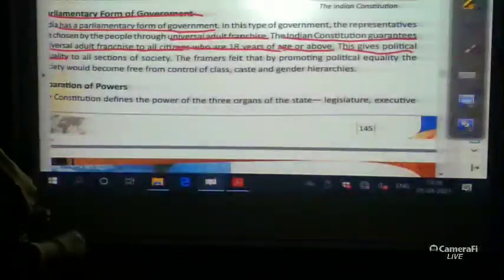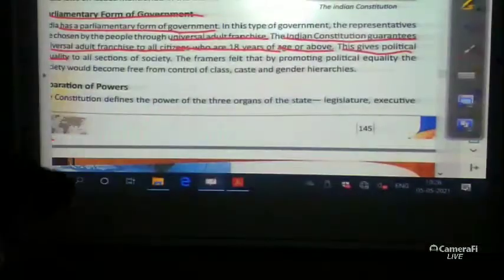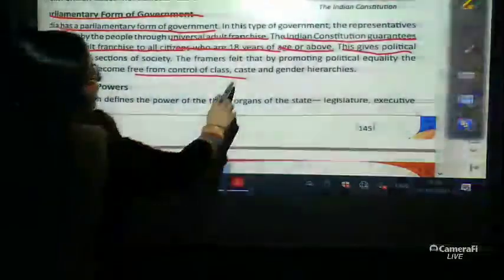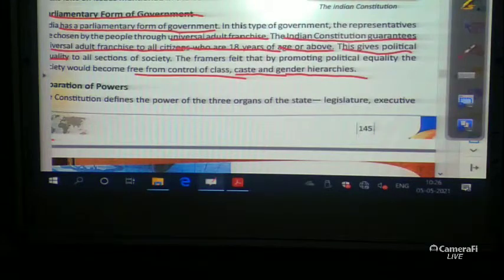The framers felt that by promoting political equality, the society would become free from the control of class, caste and gender hierarchies. The framers, those who framed the Constitution, felt that when they promote political equality, society has to be free from control of class, caste as well as gender hierarchies.